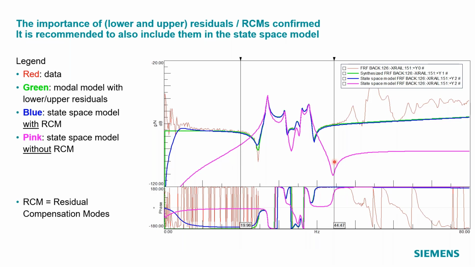If you would just ignore this lower and upper residual, because it's a bit difficult to model maybe, you would end up with the pink situation. And so you see that the peaks are maybe there, but you see that overall you don't fit the data very well in your frequency band of interest. So you really need these out-of-band compensation modes to get a realistic representation of the data in your band. So that's why we paid quite some attention to these.